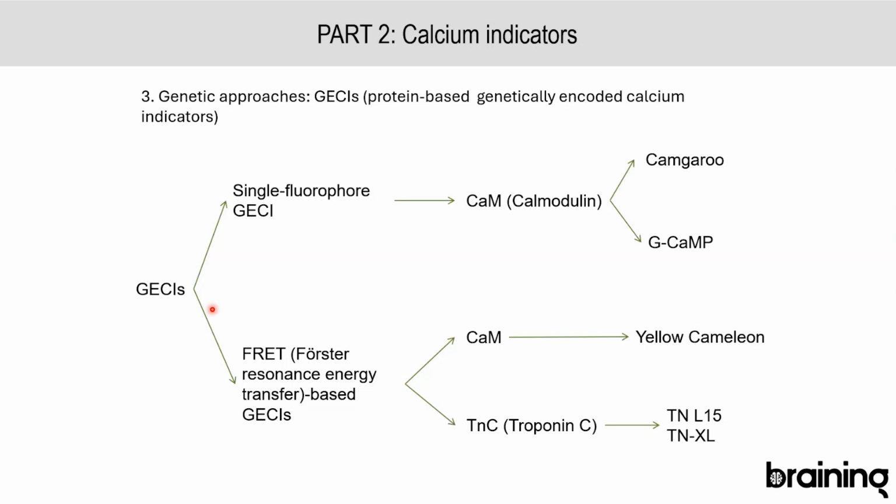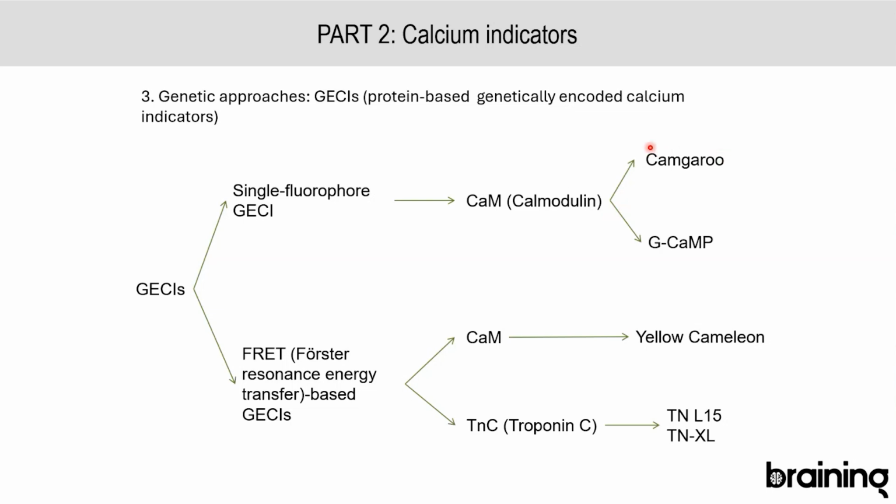So we have two different types of GECIs, the single fluorophore and the FRET GECIs. The first ones have in their structure calmodulin, which is a protein that endogenously binds calcium.